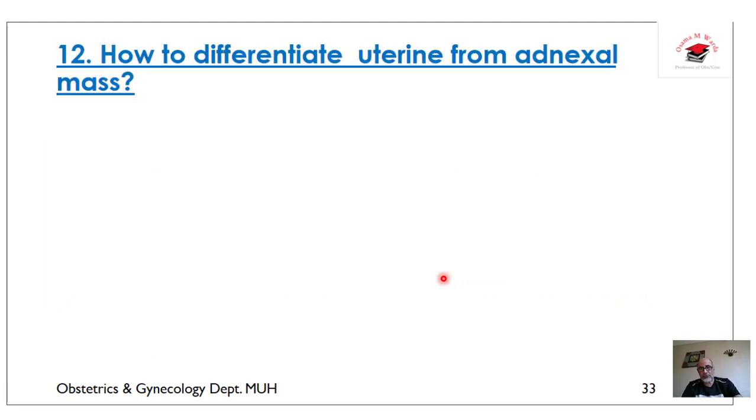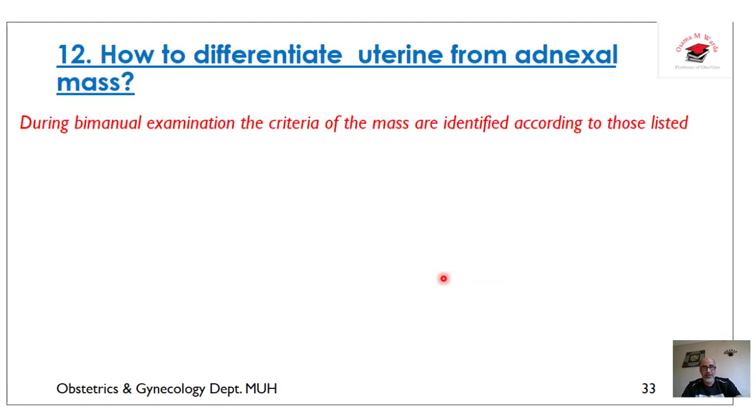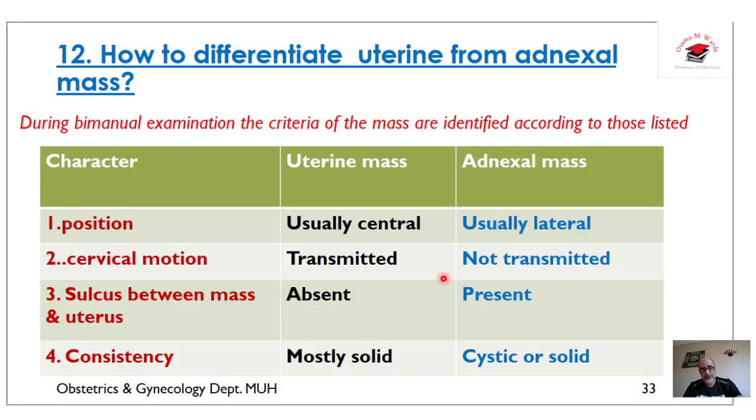How to differentiate uterine from adnexal mass. During a bimanual examination, the criteria of the mass are identified according to those listed in this table. If the position of the mass is central, it is usually uterine. If it is lateral, it is usually adnexal. If the cervical motion is transmitted to the mass, it is uterine.